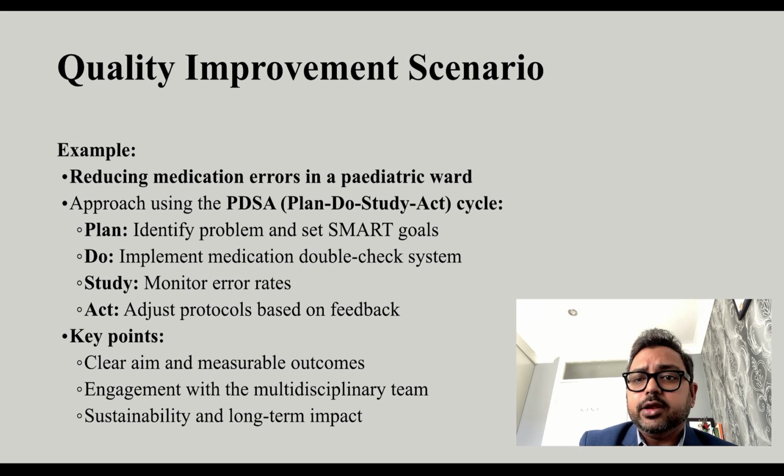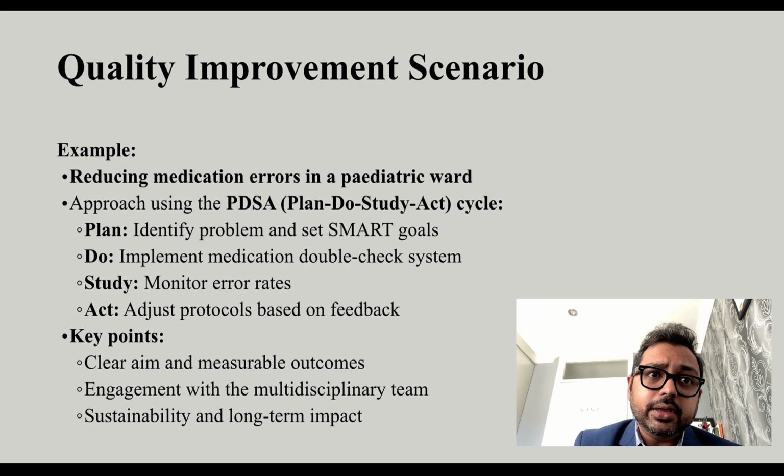Plan is to identify the problems and set SMART goals: specific, measurable, achievable, relevant and time-bound. Implement a medication double-check system, monitor error rates, and adjust the protocol based on feedback. The key points of this QIP scenario are a clear aim and measurable outcome, engagement with the multidisciplinary team, sustainability and long-term impact.